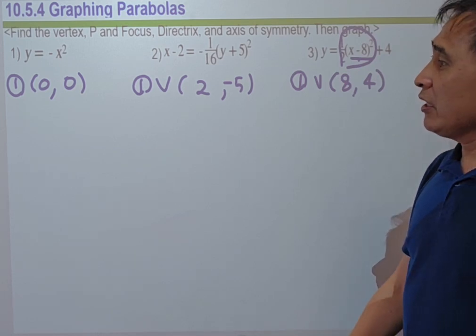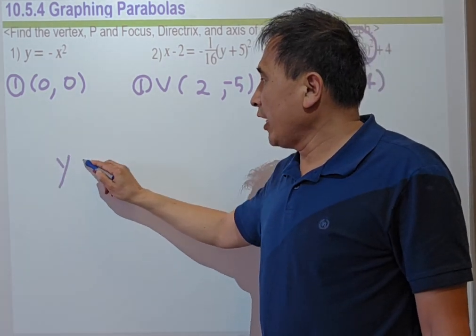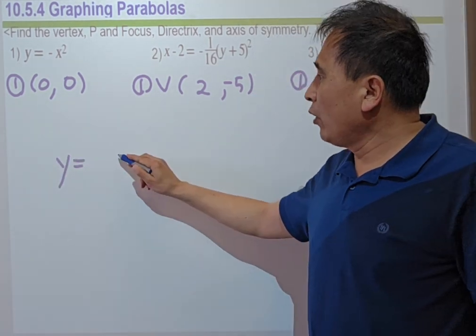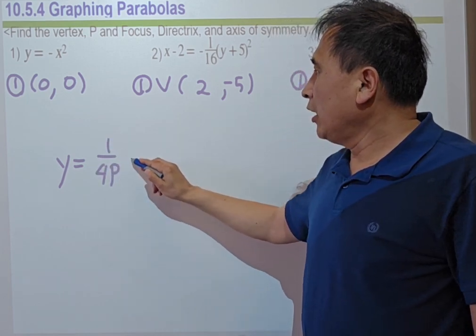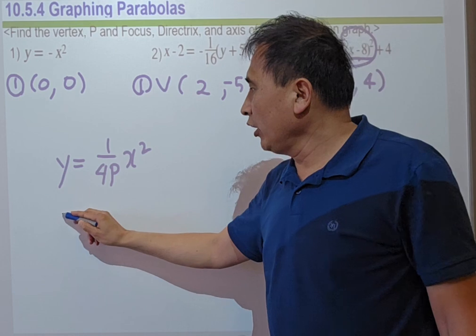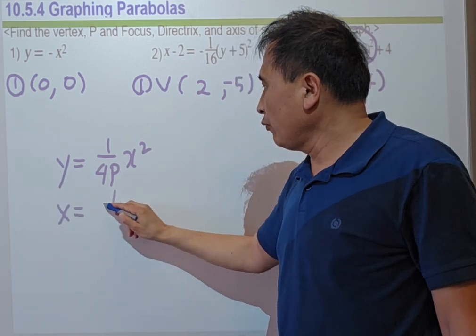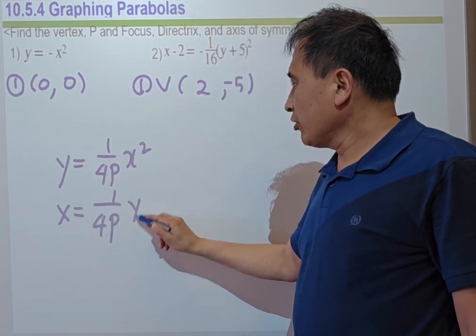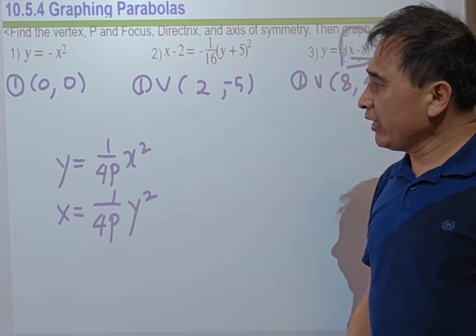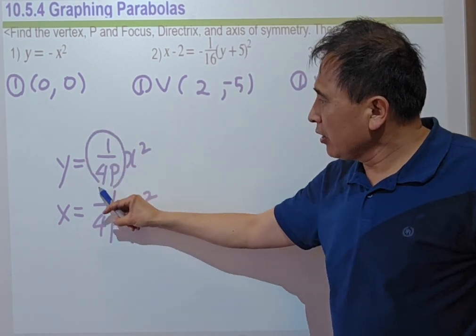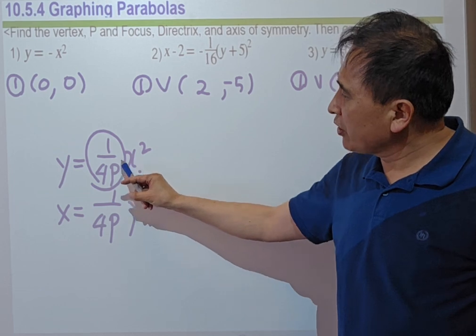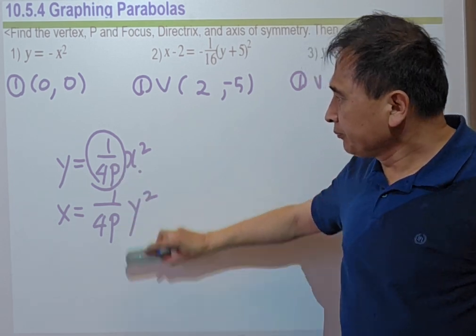Now, to find p, we always write it in x or y form: y equals 1 over 4p times x squared, or x equals 1 over 4p times y squared. We solve for one variable, the first degree one, then 1 over 4p is the coefficient of the second degree.